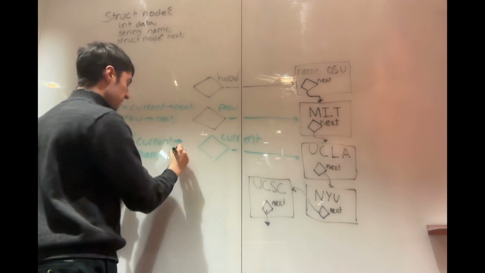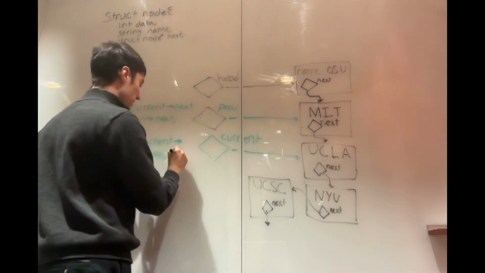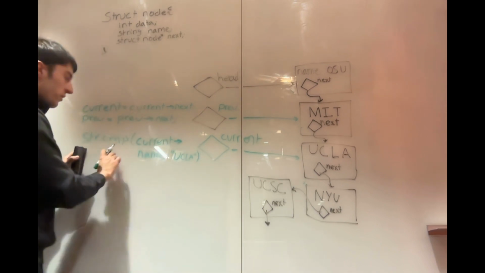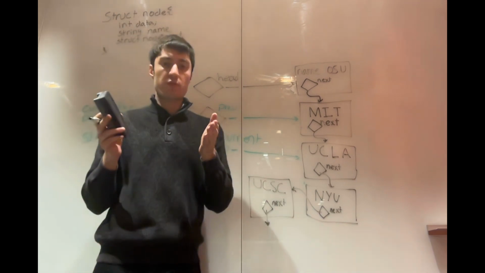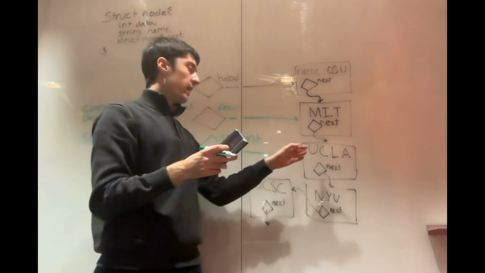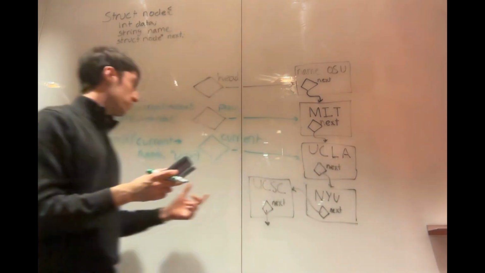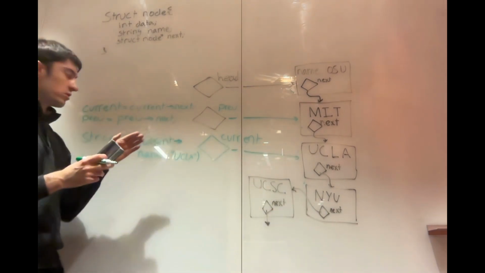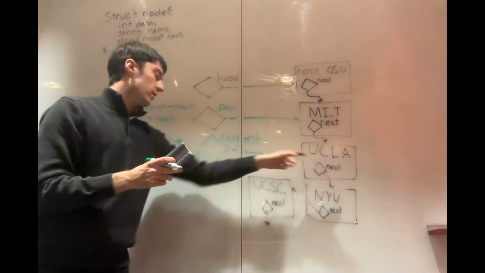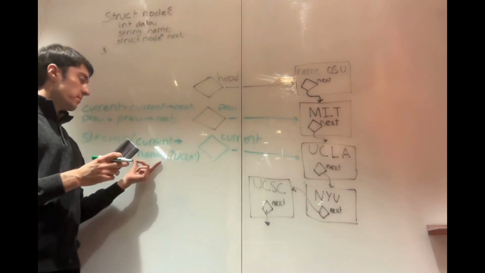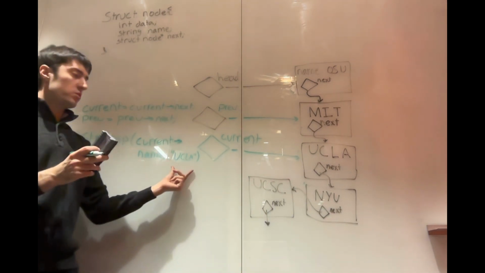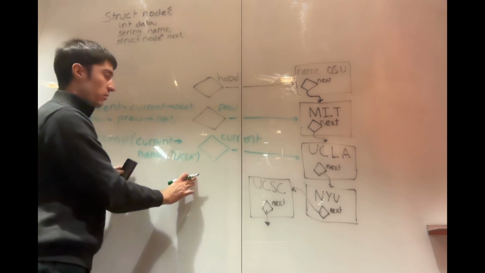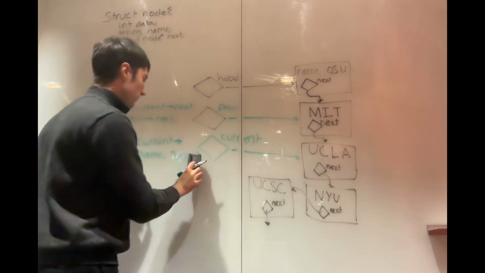And then you can say if that's equal to UCLA, like that. Okay? So this is how you test if your passenger is at the station which contains the data UCLA. So current is here. Go to it, that's what this arrow means, go to it and then access the member variable name and compare it to see if it's equal to UCLA. If it is, that's what we want to delete. Okay, so this is going to return true, so we know that we want to delete this.